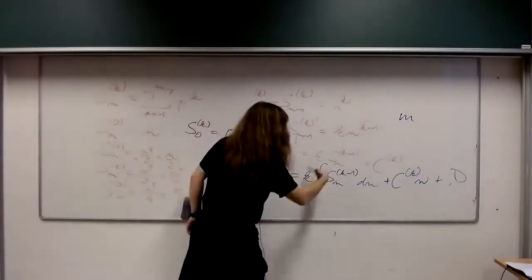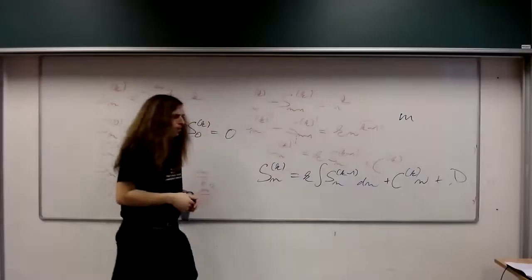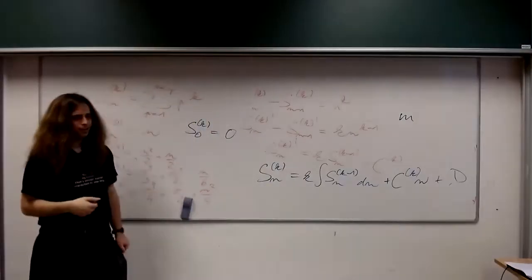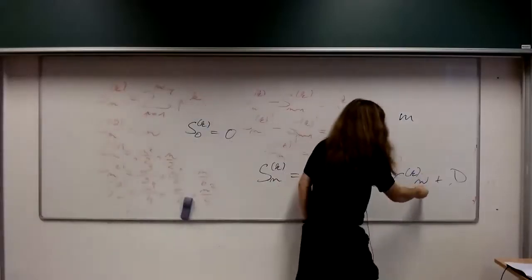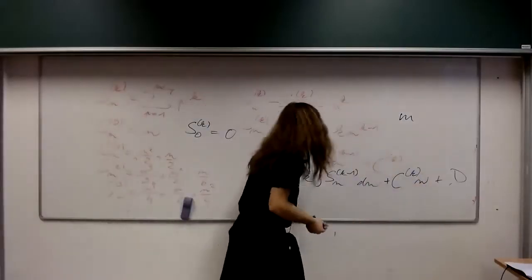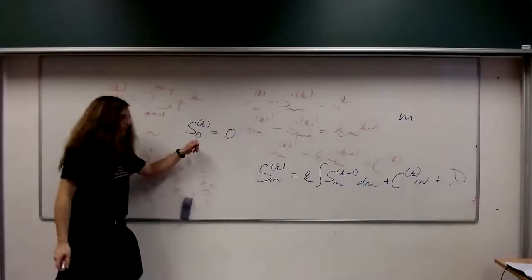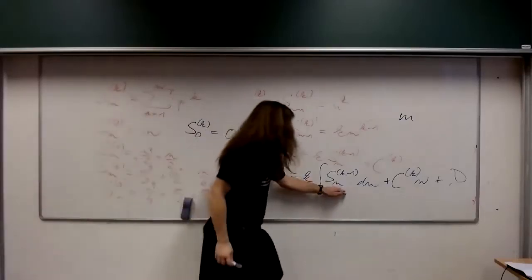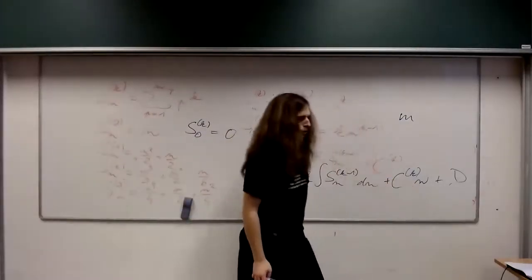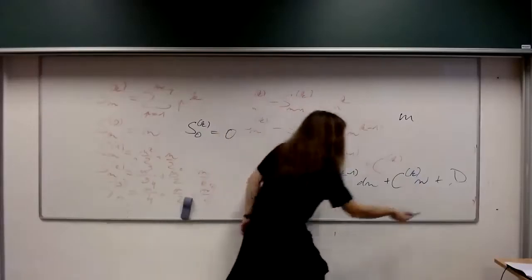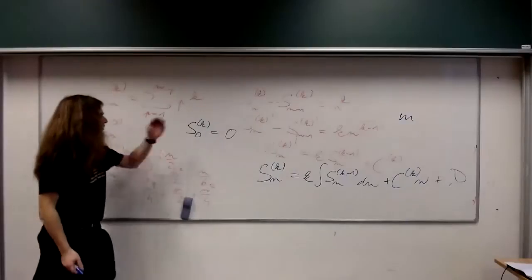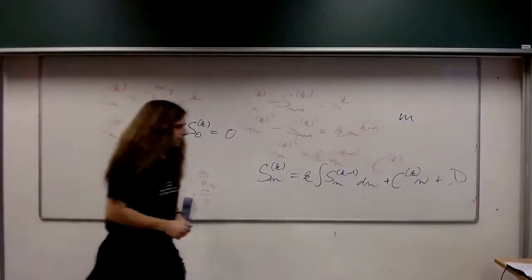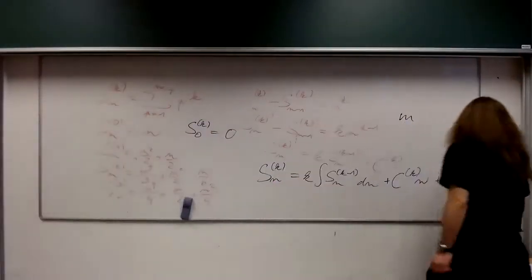So this integral contains only powers of n and not any constants. Here we have a power of n as well. So if we plug in n equals 0, this has to go away and this has to go away as well. So the only thing that is remaining there is that integration constant, but we want it to be 0. So in fact, this thing won't be here. It's just a 0.